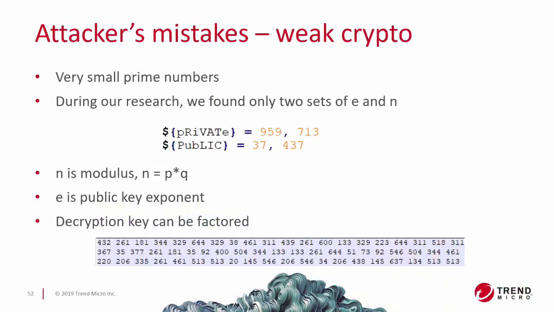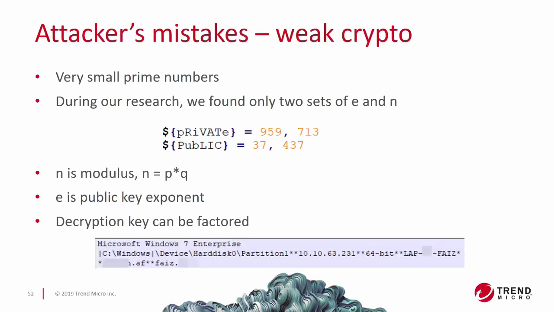For example, 959 is the prime, or 713. If the prime number is very big, the factorization takes lots of time. But in this case, it's very simple to find P and Q, and you can basically compute everything, crack the encryption, get the key, and decrypt it. So the code below can become something like this.